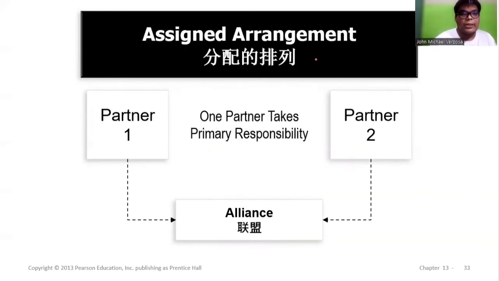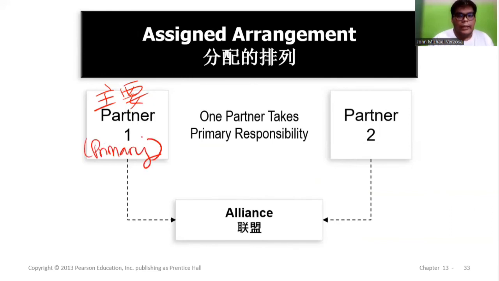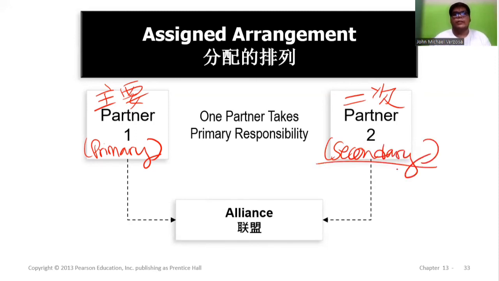So let's say company A is the primary, and partner 2 is the secondary. So it might be partner 1 who assumes the responsibility for the alliance.